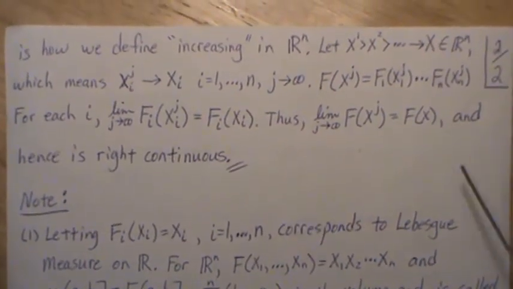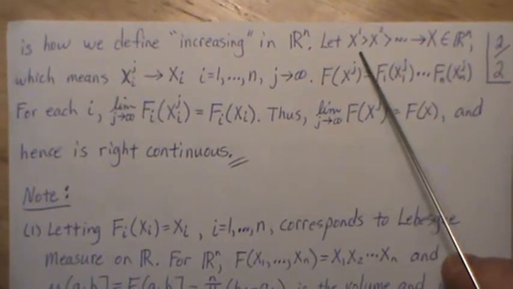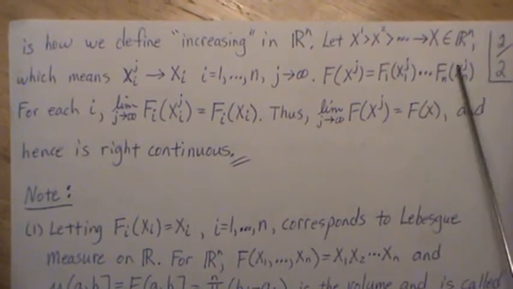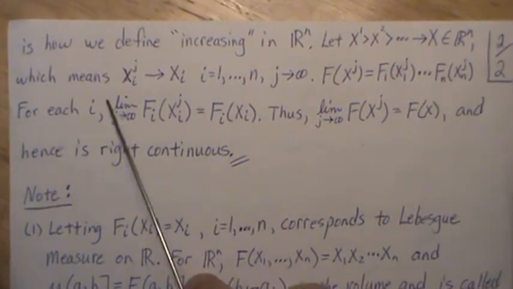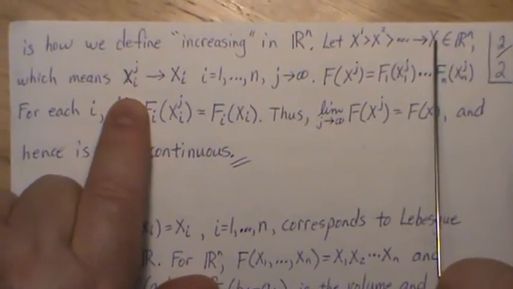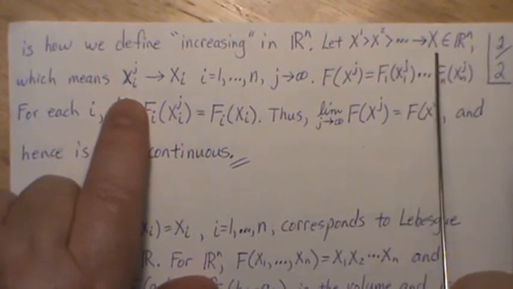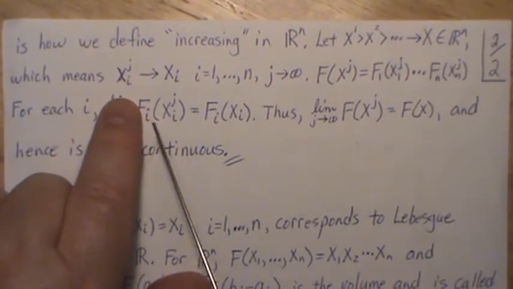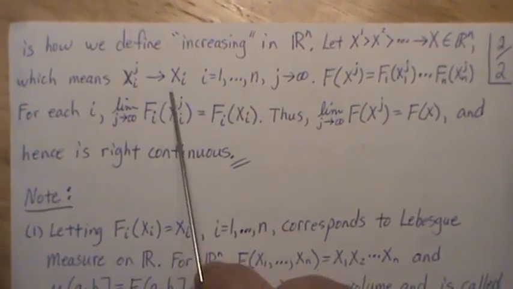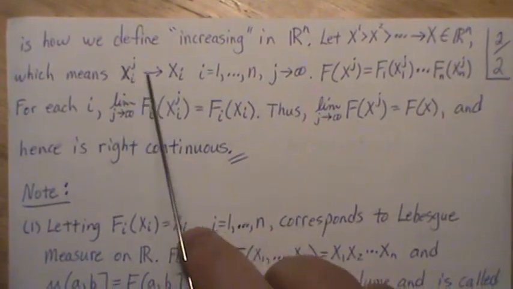Okay, so now to show that it's right continuous, let the vectors xj approach x from the right, which means that each component in these vectors converges to the respective component. When vectors converge to a vector, it has to do it component-wise. And so this is saying that each component converges for each i, 1 to n, as j goes to infinity.